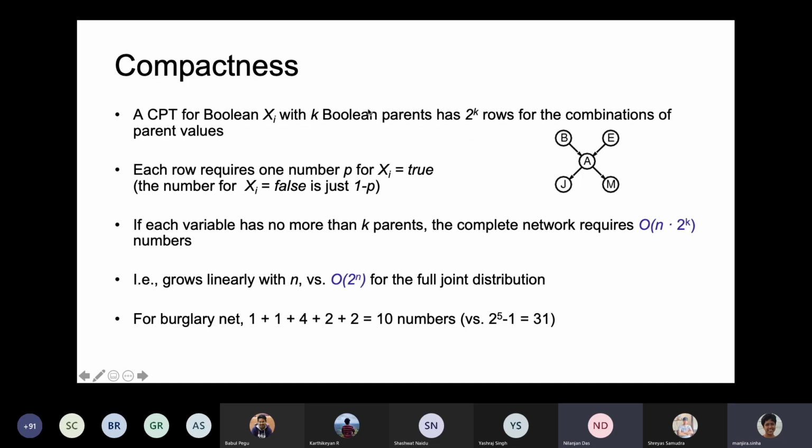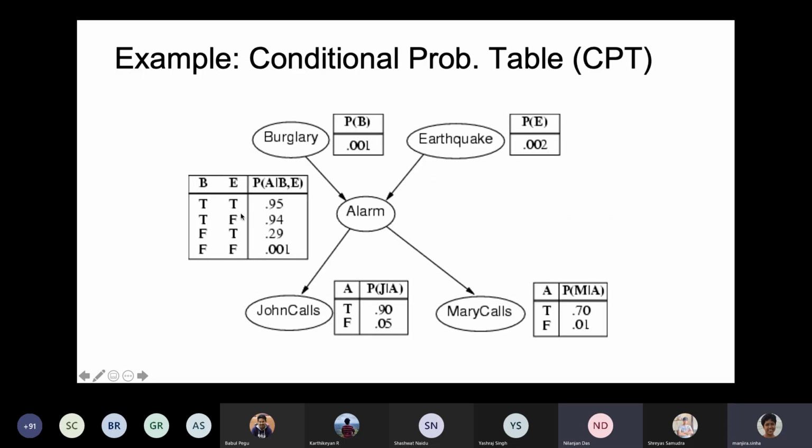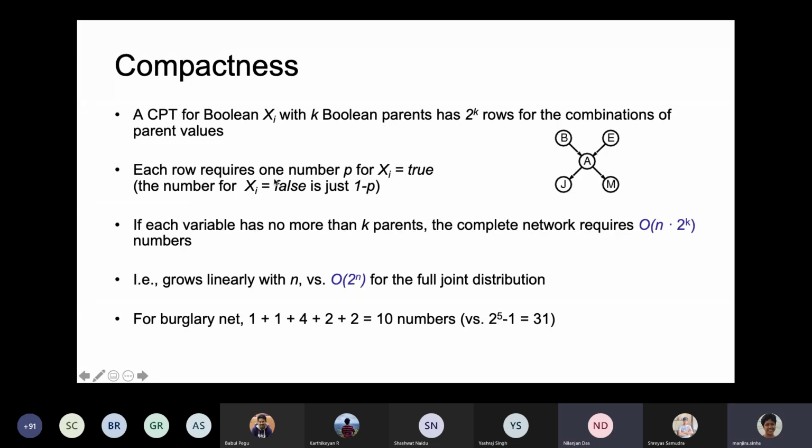Okay. So for example, the alarm is a Boolean variable and it has two parents which are again Booleans. So how many combinations? 2 to the power 2, that is 4. Correct. Now each row only requires one number p for xi to be true, because as it is Boolean, the number for xi to be false is just 1 minus p.